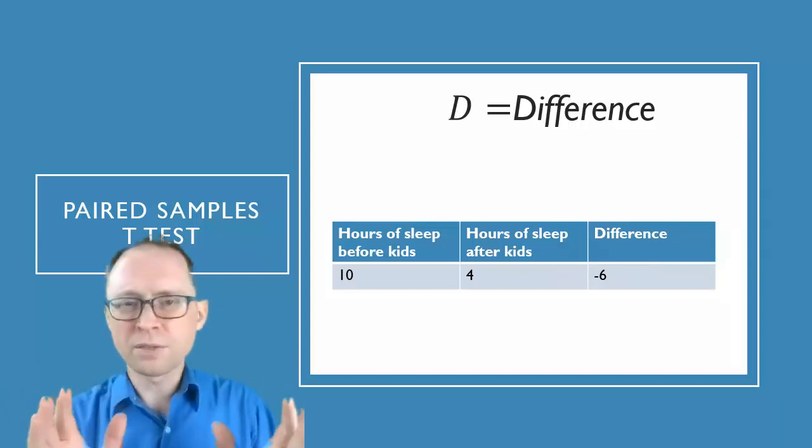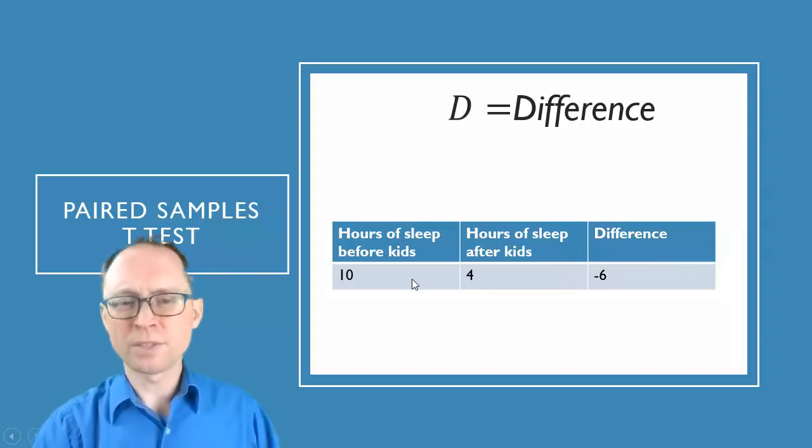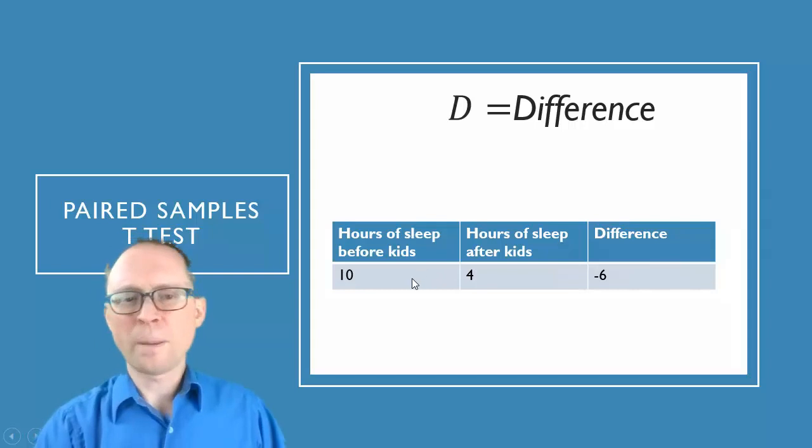It doesn't particularly matter as long as you know which one is bigger, but traditionally you do the second minus the first, right? You do the after minus the before. Okay, you do the second minus the first. So 4 minus 10 gives you negative 6. Negative 6 is my difference. Simple as that.